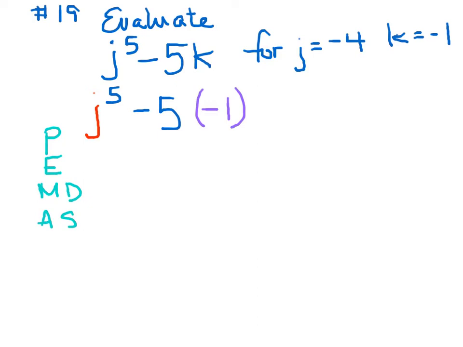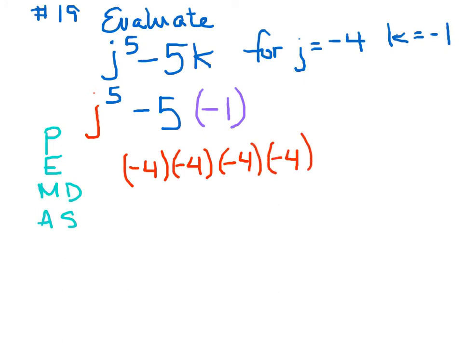So that tells me that I'm going to end up with negative 4 times negative 4 times negative 4 times negative 4 times negative 4. What's that? 1, 2, 3, 4, and 5.